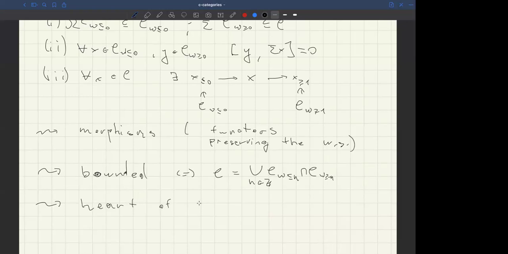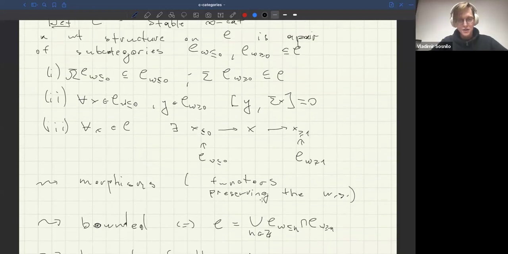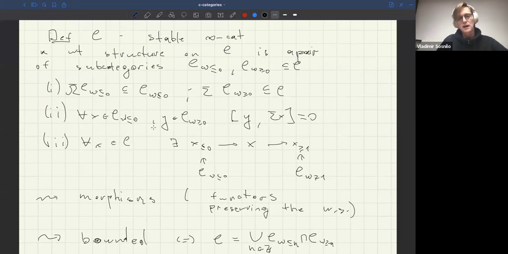Vova, can you just say what's the difference between a weight structure and a t-structure? What's the axiom missing? Yeah, sure. So the first axiom is the same in both cases. You have the class of connective and co-connective objects, they're closed under respective shifts. But then the second and the third axiom are dualized. So instead of this orthogonality, you have exactly the opposite orthogonality, and the fiber sequence, you also have the opposite.